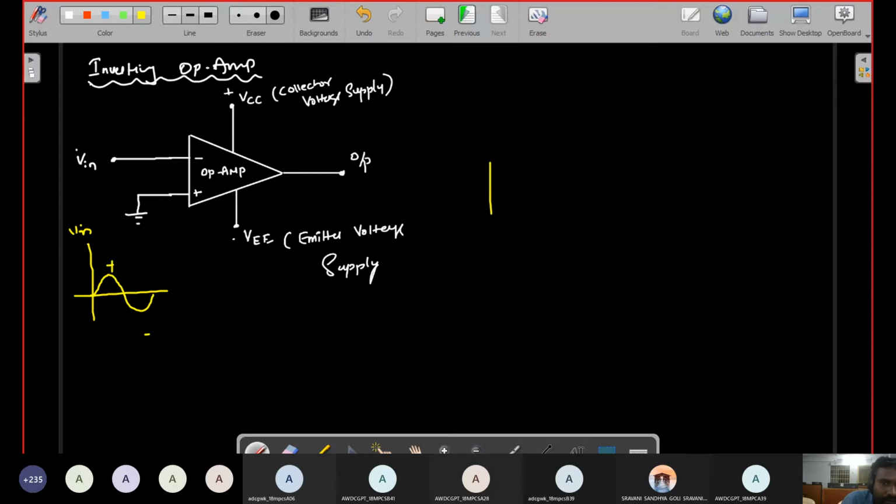The output will look like this: the positive peak was given to the inverting terminal, then the output was inverted with a 180 degrees phase shift.